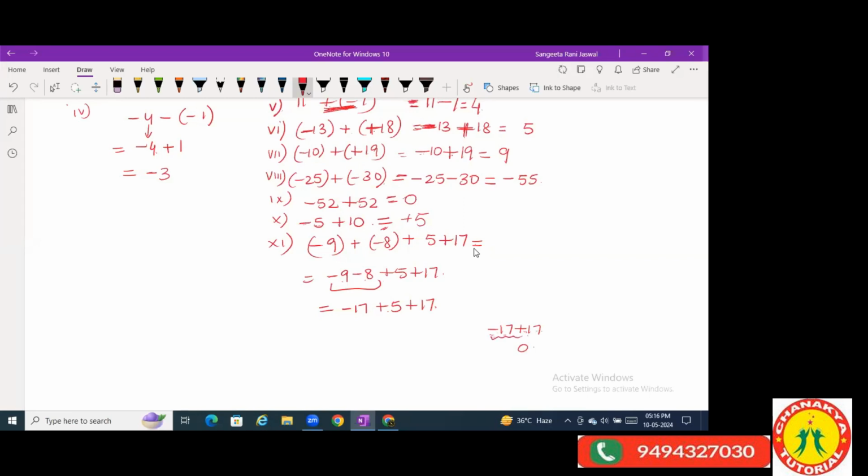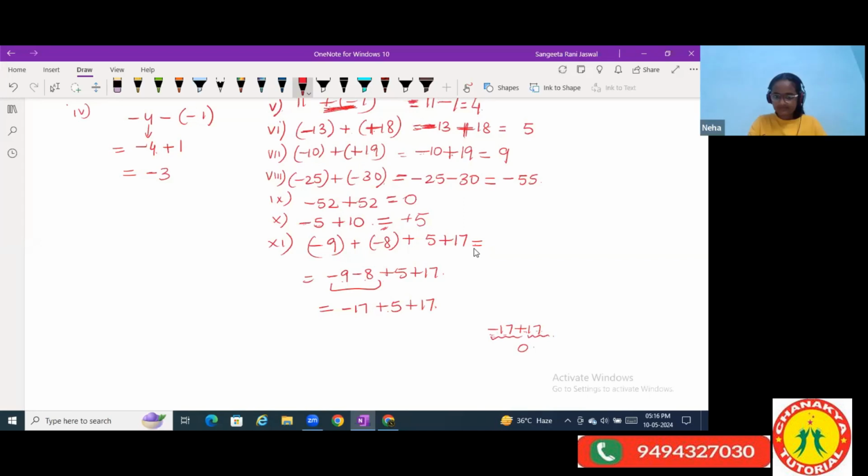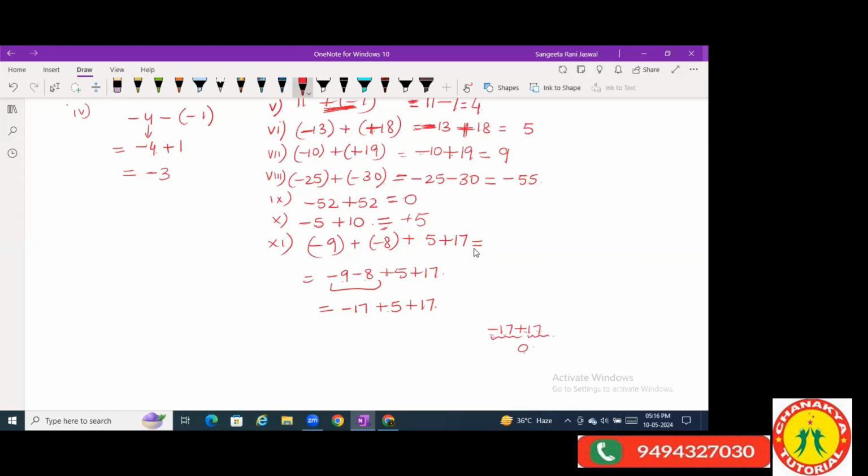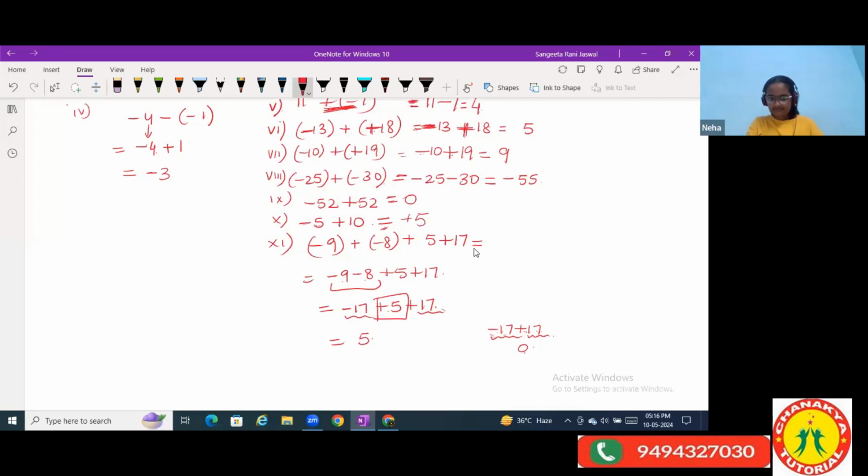Negative 17 and positive 17 are opposites, so that's 0. So these two become 0, and what I am left with is just the number 5. Ma'am, just a minute, I'll copy the solution.